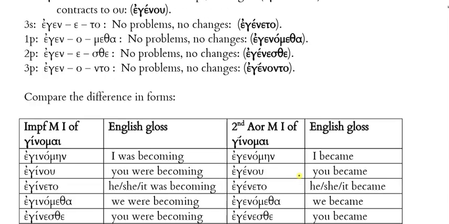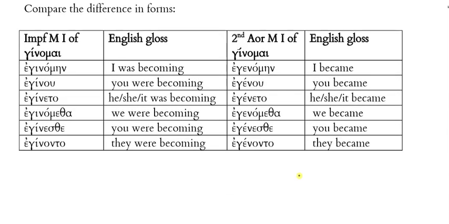Easy peasy, huh? Okay? And then we can compare the imperfect middle indicative of genomai with the second aorist middle indicative of genomai. Notice that we have all the same augments on both sides, all the same personal endings on both sides, same connecting vowels. The only distinction is between gen and gen.